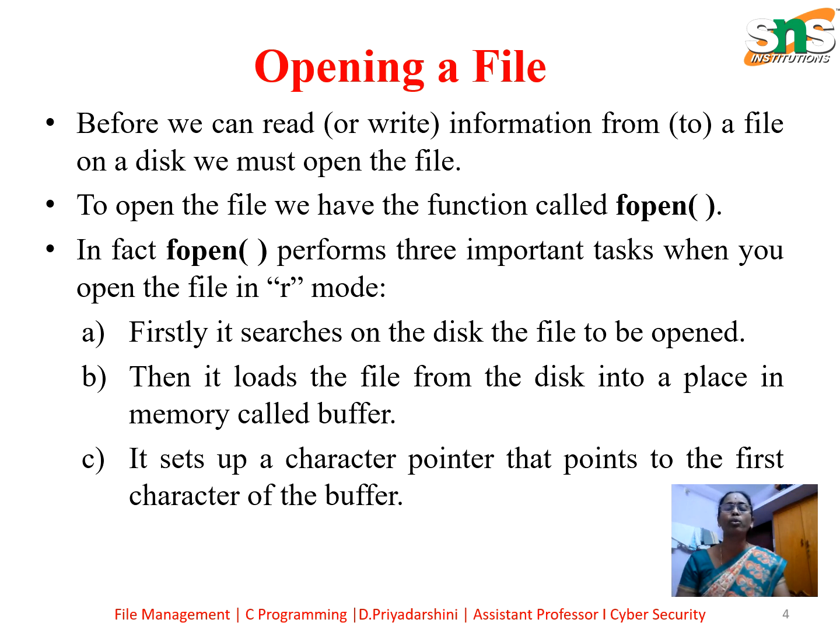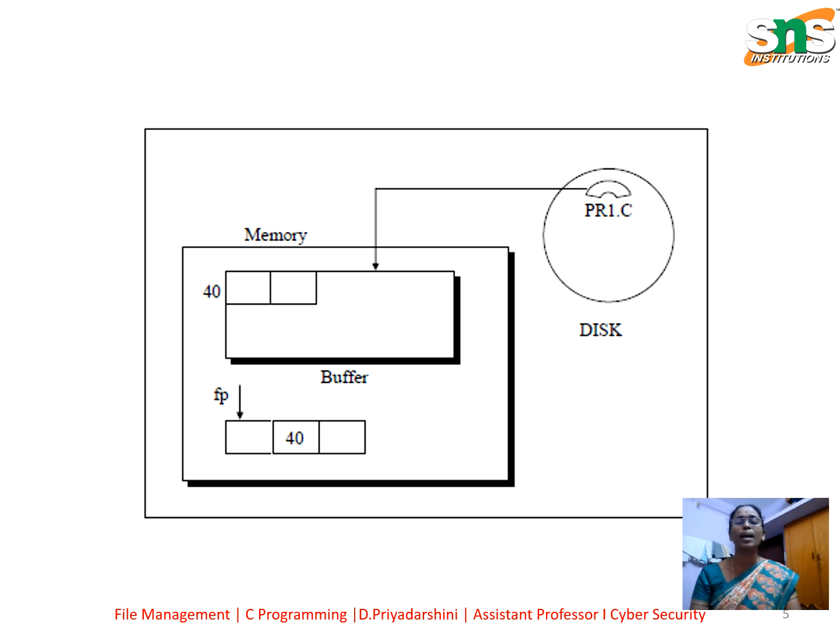Then it loads the file content from the disk to the memory, called the buffer. It sets up a character pointer that points to the first character in the buffer. This was a sample of how it retrieves the record from the file.